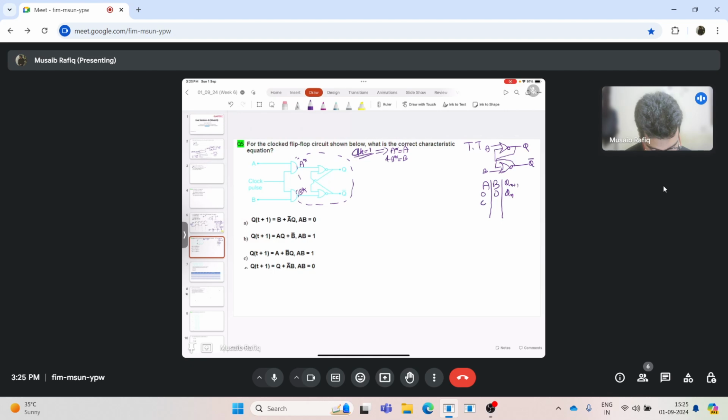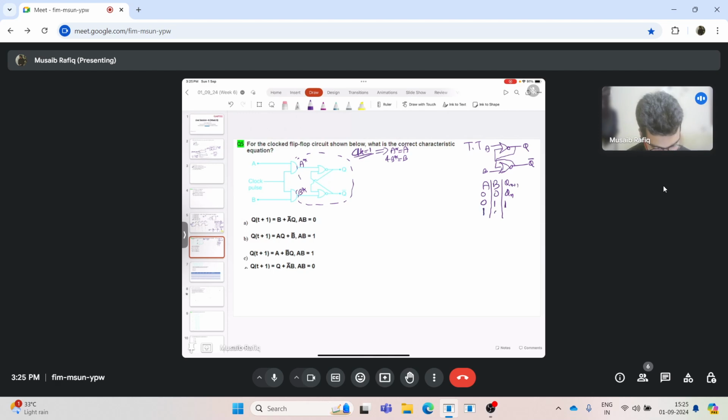When A equal to 0 and B equal to 1, Qn plus 1 will be equal to 1, right? Because B is 1, so Q bar is, sorry, Q bar is 0. That 0 goes to this first NOR gate, and A is also 0, so Q will be 1.